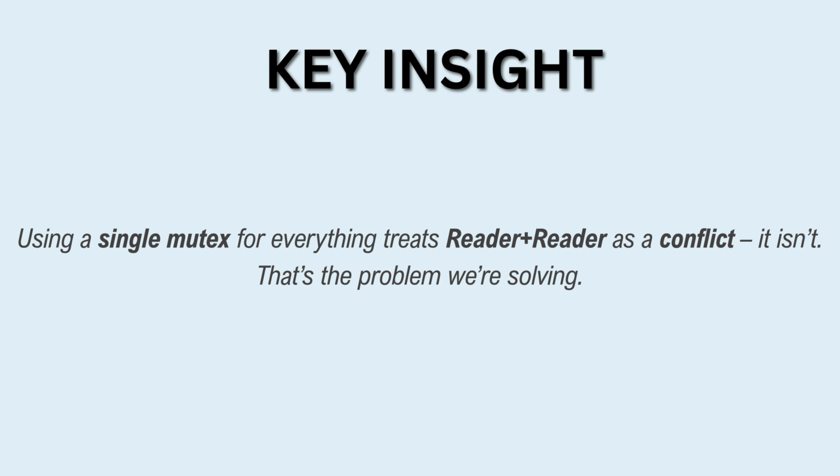We can solve this problem with a single mutex, but it would kill the concurrency, as it will provide exclusive access to the critical section to both readers and writers. But as we understood, only writers need exclusive access and multiple readers can safely run in parallel. That's the problem we are trying to solve.